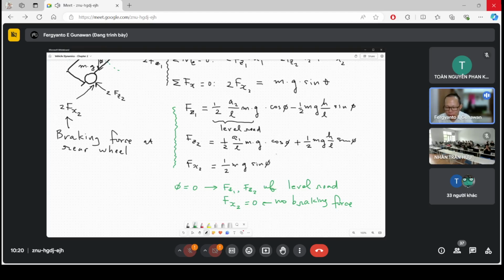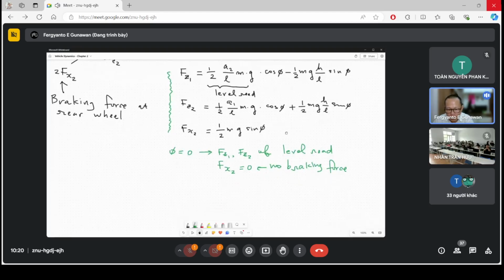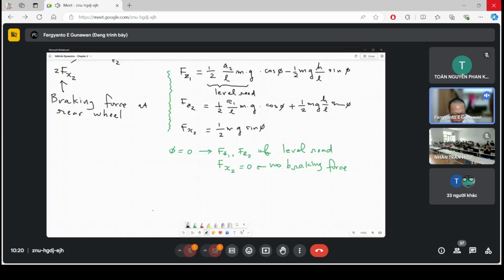And now let's talk about parking, the maximum angle. So maximum parking angle. Let's talk about the max parking angle, or incline angle, phi m, for rear wheel braking, right?